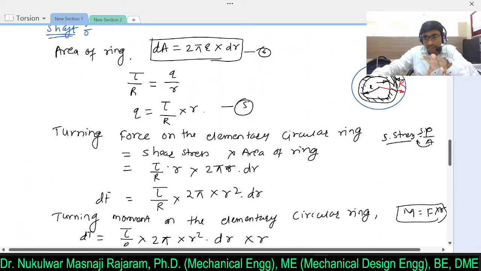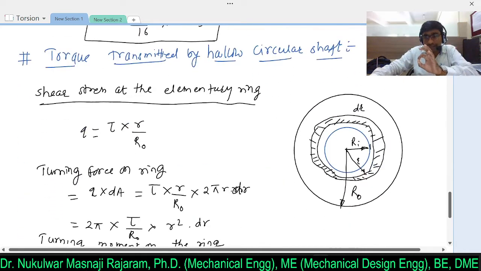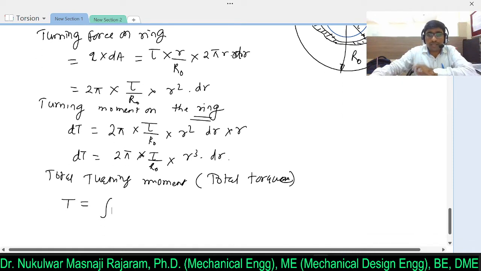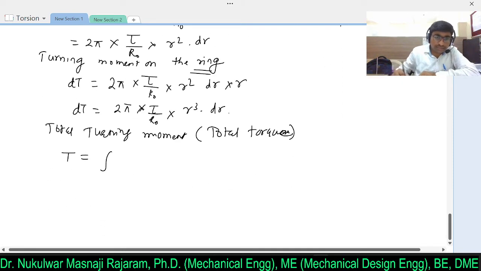So at that time I considered limits from 0 to R, capital R. So here from Ri to Ro, that is inner shaft radius and outer shaft radius, into dT. Clear?